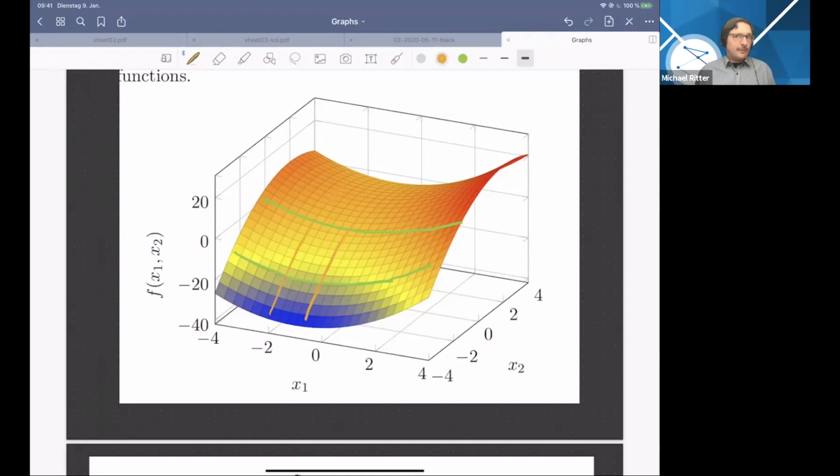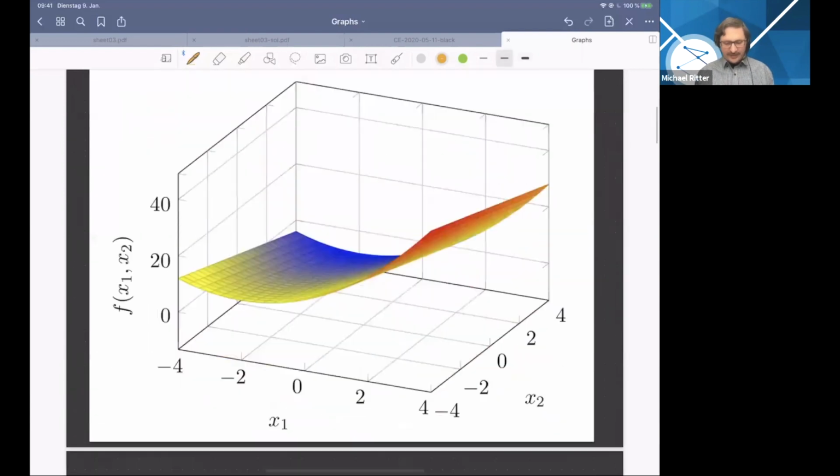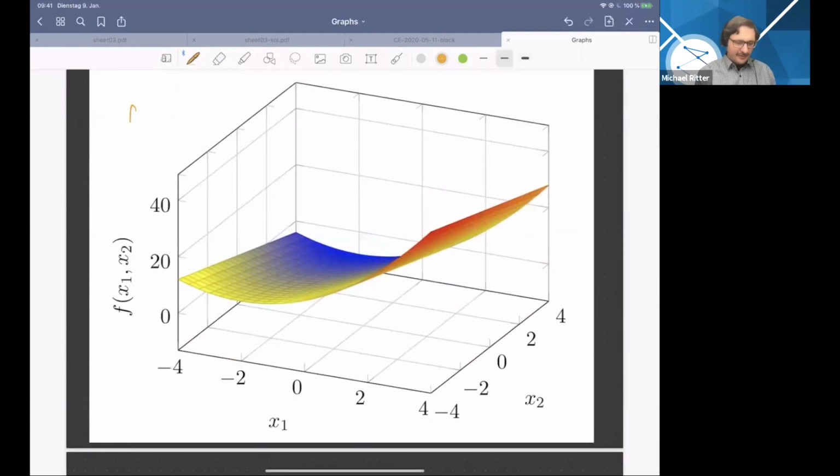Okay, so we have quadratic behavior in both directions, and that means the only function that fits well here is f1. So that should be f1. And finally, that must then be f3. And if we look at that to convince ourselves that this is correct, we can again see if we're looking in x1 direction, so walking along these lines here, it's a little harder to plot like that.